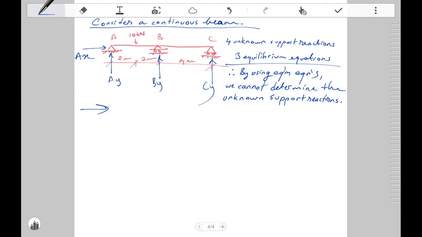So, if you don't determine the unknown support reactions, we cannot calculate the internal moments. Or we cannot calculate the deflections. So, this type of structures, we call indeterminate structures.